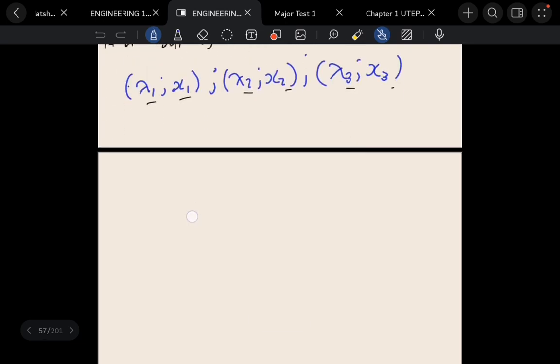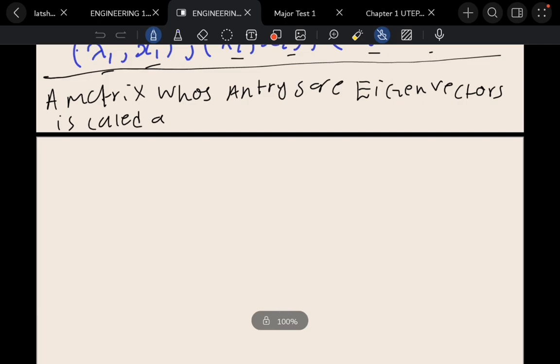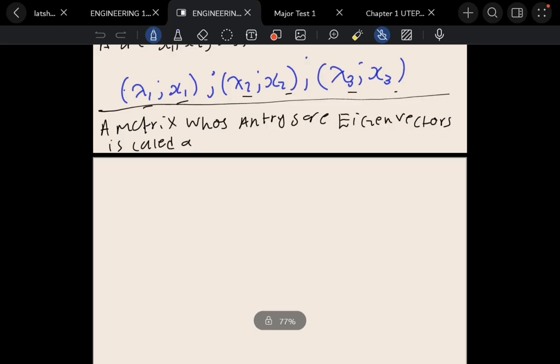Now, I'm just going to make a definition here. A matrix whose entries are eigenvectors is called a modal matrix, which means M is the same thing as x1, x2, x3 until xn.